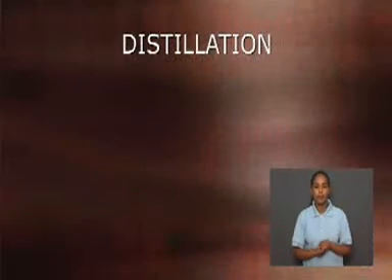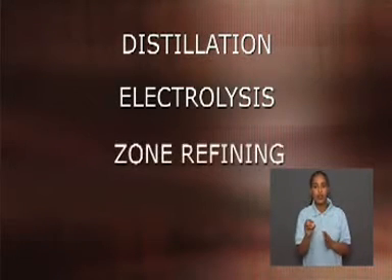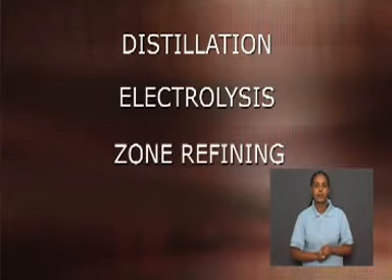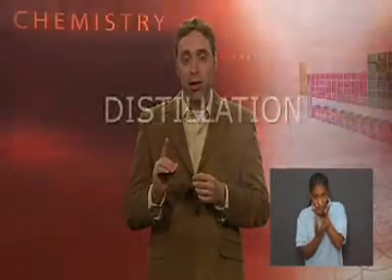There are three common methods that are used for this purification process: distillation, electrolysis, and zone refining. Let us go through each method together. Metals that have low boiling points can be separated from other metals using a special type of distillation known as fractional distillation.